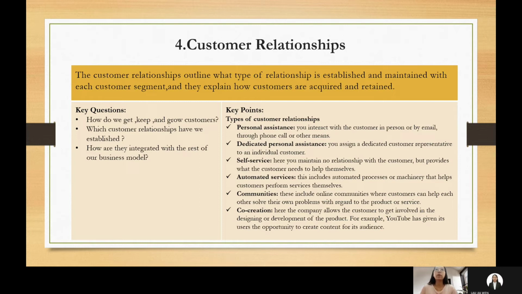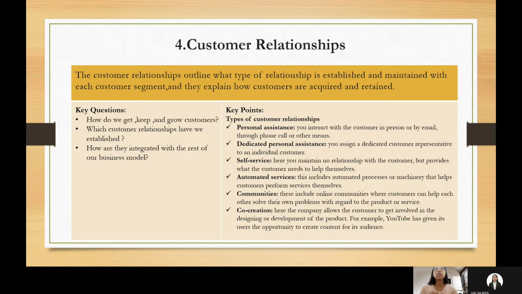Next is the customer relationship. The customer relationship outlines what type of relationship is established and maintained with each customer segment, and it explains how customers are acquired and retained. There are some types of customer relationship, such as personal assistance, where you interact with the customer in person or by email, through phone call or other means.